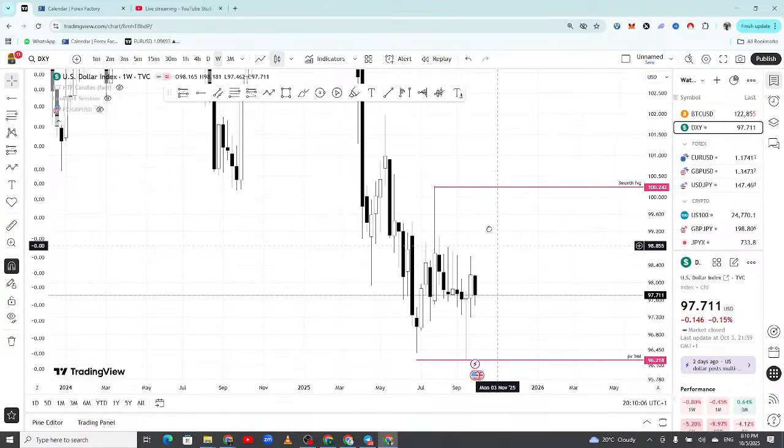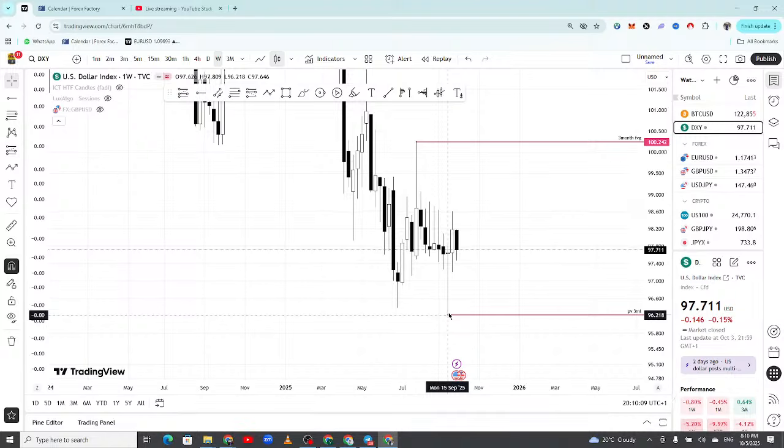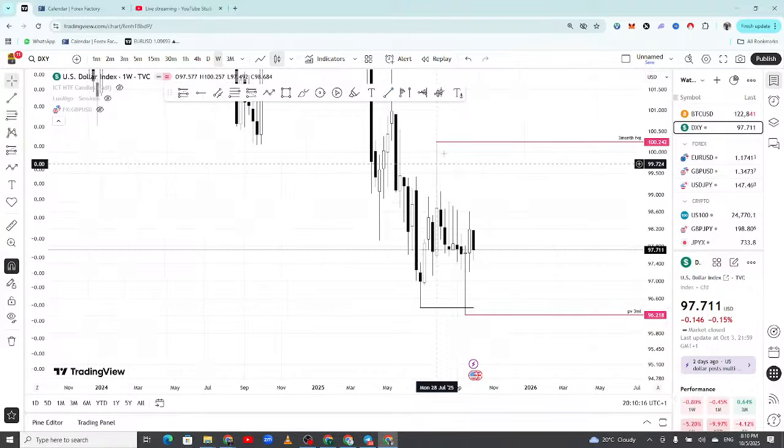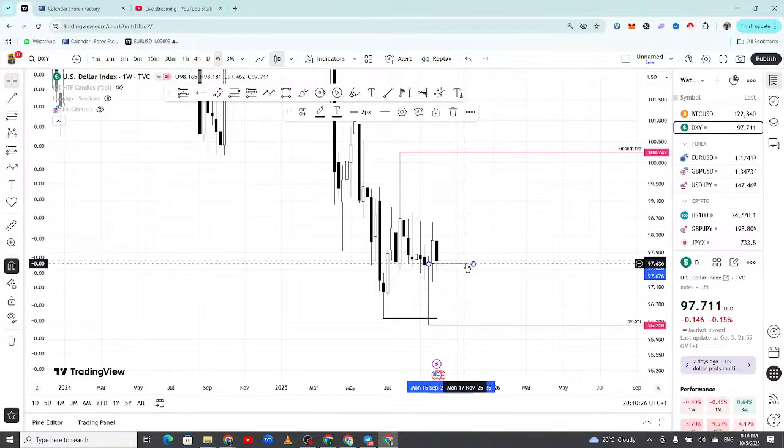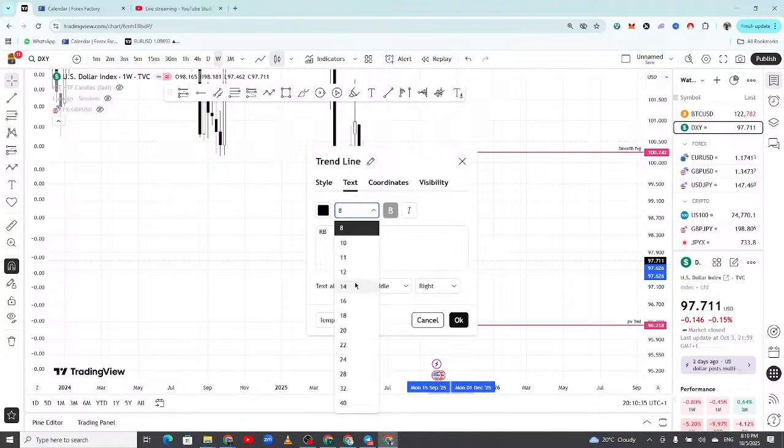Plus we notice that price actually took out this previous 3 months candle's low, and we saw price moving up to that one after this huge rejection. So this is actually a rejection order block on the weekly time frame. Let me just put that rejection label. That's the rejection order block we have around there.